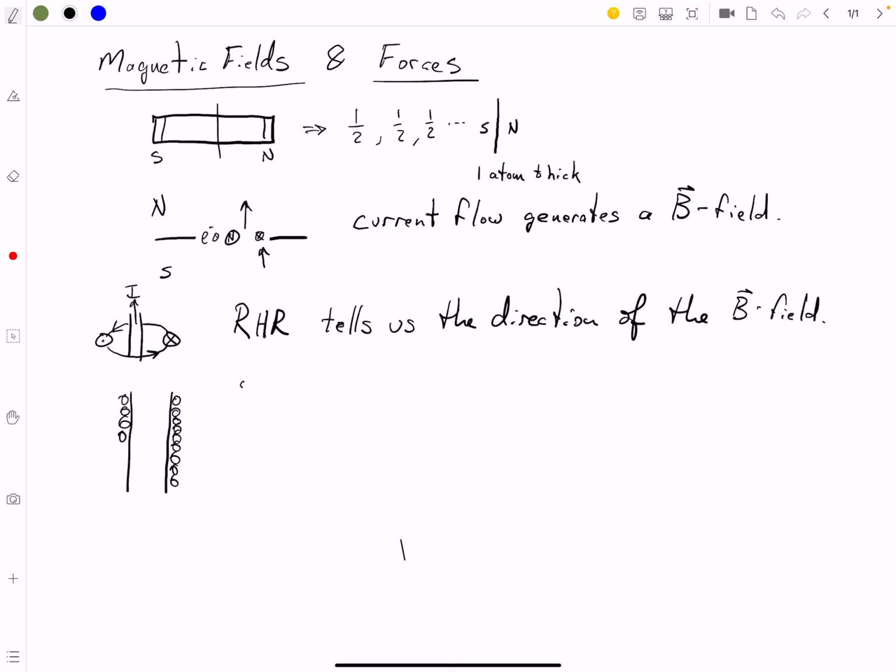On the other side, because it's wrapped with one long wire, we've got current going in on this side, coming out on this side. If you put your thumb along the current and wrap your fingers, you'll notice that our B field through the interior of the solenoid is like this.